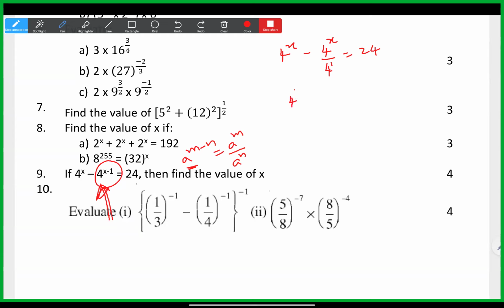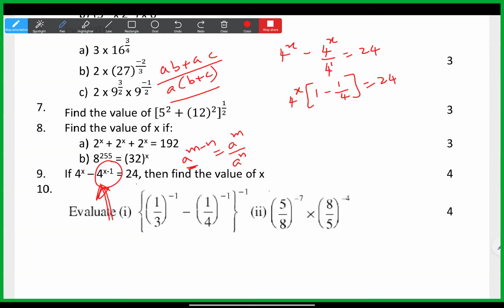If you take 4 power x common, here 1 will come, minus 1 by 4. Actually, this taking common you will learn in the factorization chapter. What we did here is the distributive property. Suppose you have AB plus AC, if you take A common, you will get A into B plus C. If you remember.